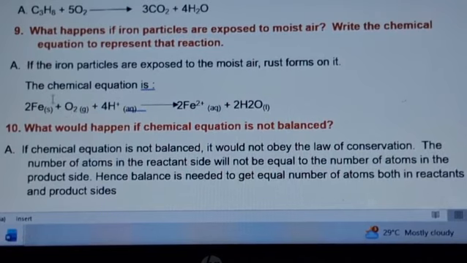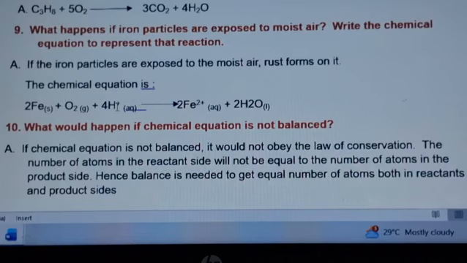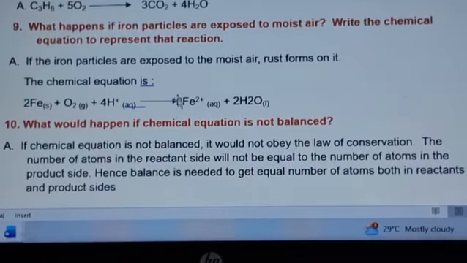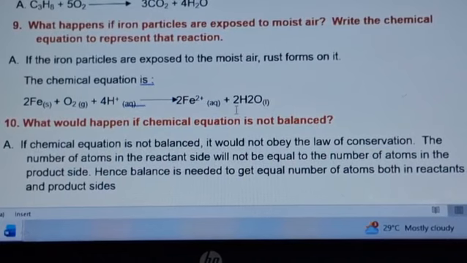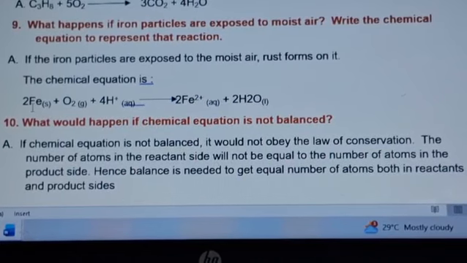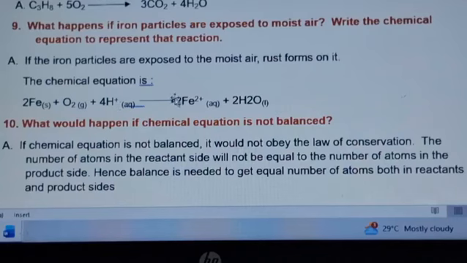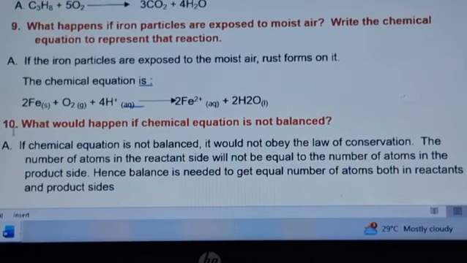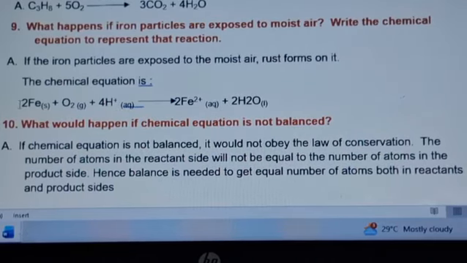So the chemical equation, see, iron with oxygen with hydrogen ion, which is there in the water. So when this reacts, it forms iron ion plus water. So here 2 irons are there, means balancing is done here like this. Here 2 irons, here 2 irons, and oxygens 2 are there.